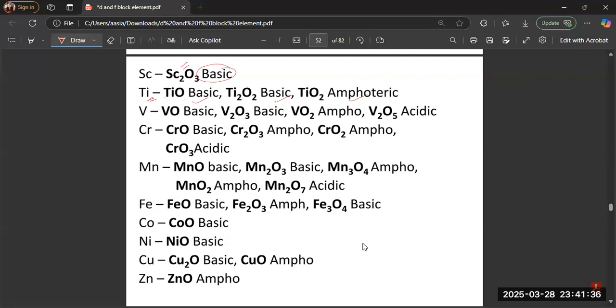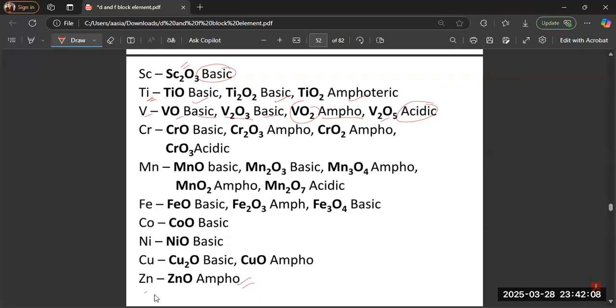Because we know that these transition metals show a variety of oxidation states, they will form different types of oxo compounds on the basis of oxidation state. Like for vanadium, VO is basic in nature, V2O3 is basic, VO2 is amphoteric, and V2O5 is acidic in nature.